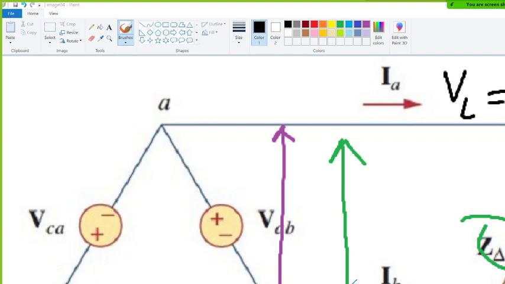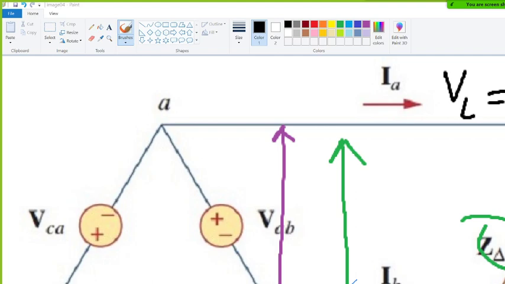So, can we say that for delta connection, the load voltage is the same as the phase voltage, as we can see from the picture here? Okay? For delta connection, VL is equal to V phase.